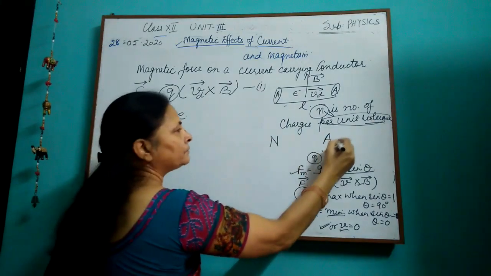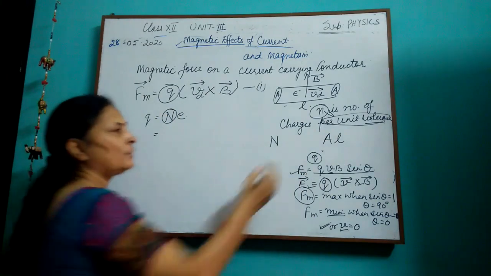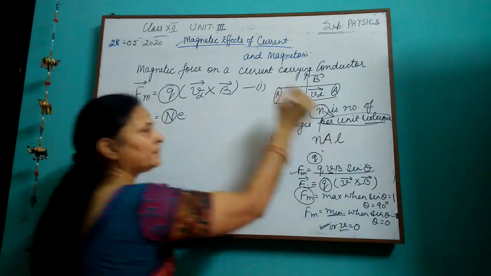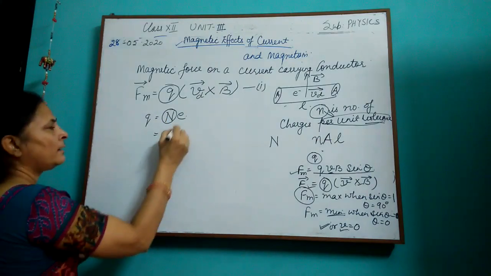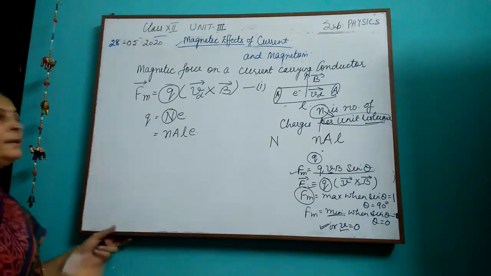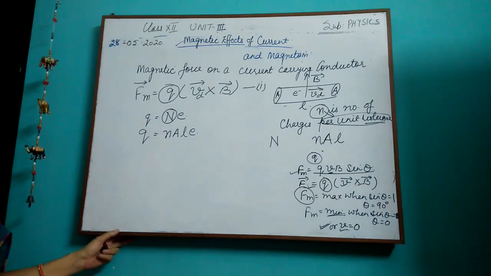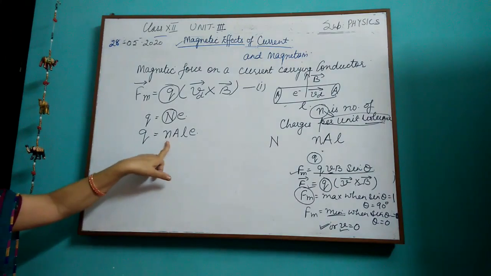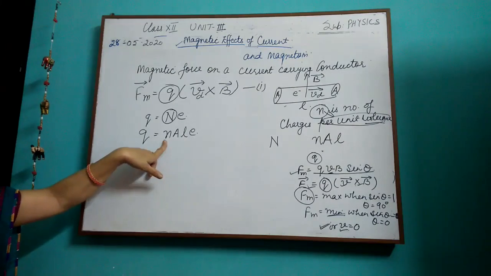A L. How many number of electrons or charges? Multiplied by n. So n A L e. This will be the total amount of charge. A L is the volume, n is the number of electrons or charges per unit volume.